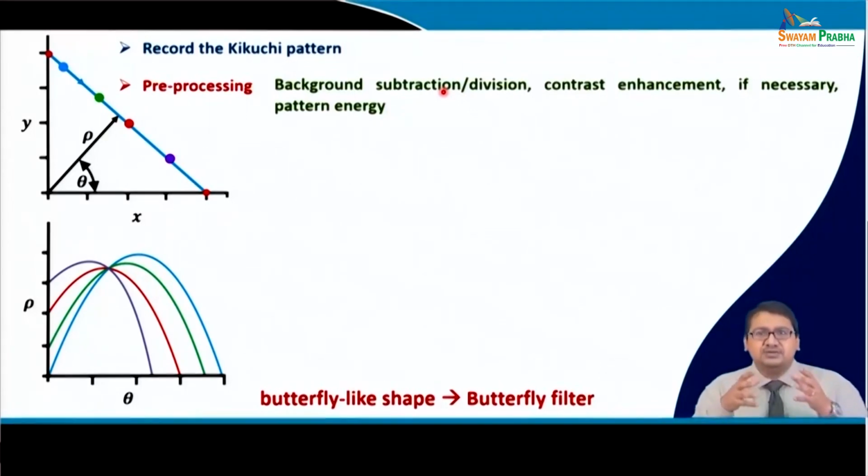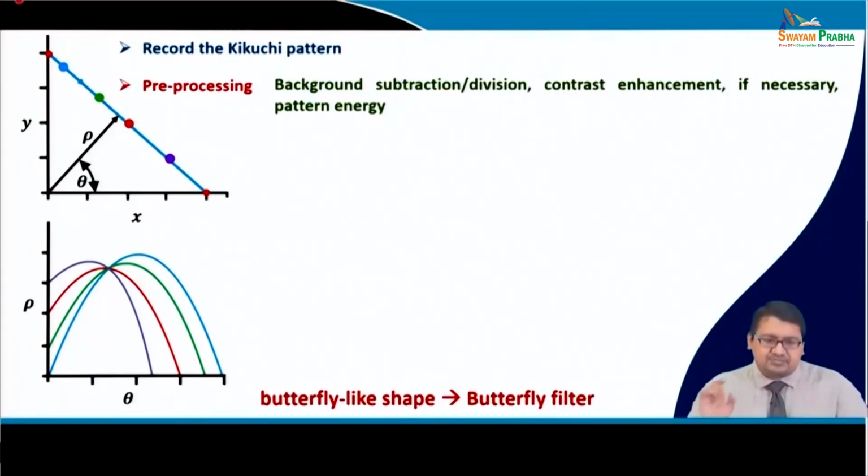There will be a systematic way to improve the contrast. Sometimes pattern energy is considered to improve the quality of the indexed pattern in a Kikuchi pattern image.